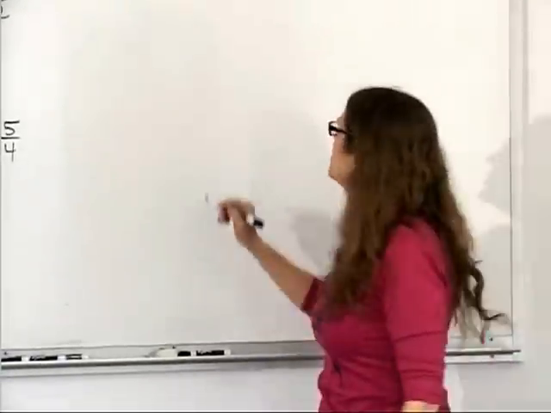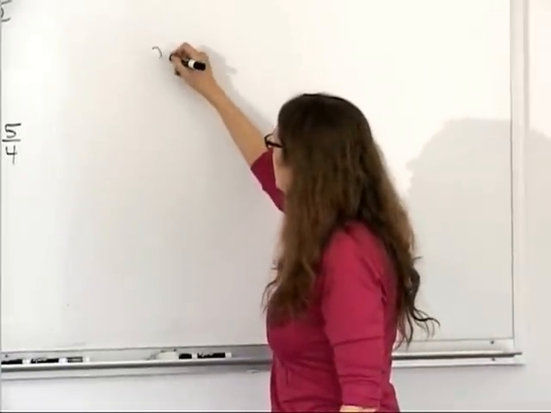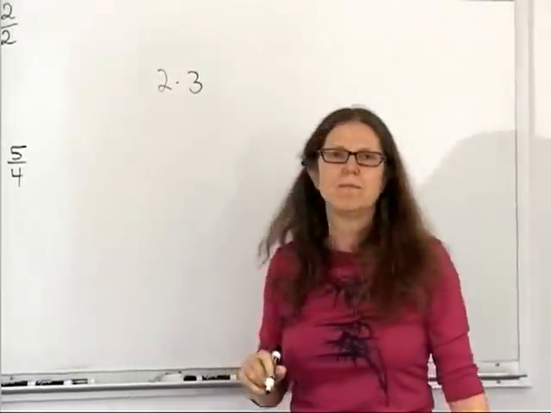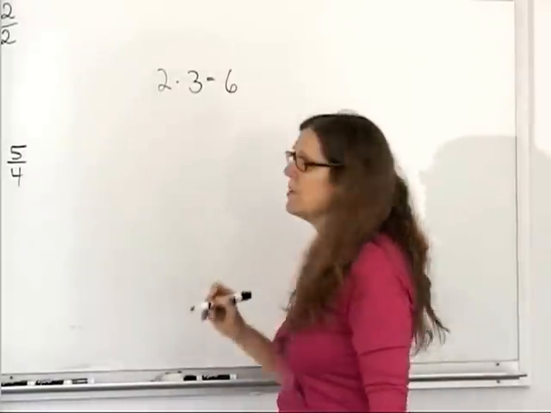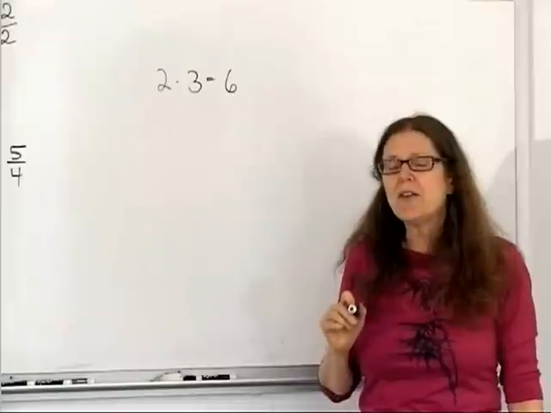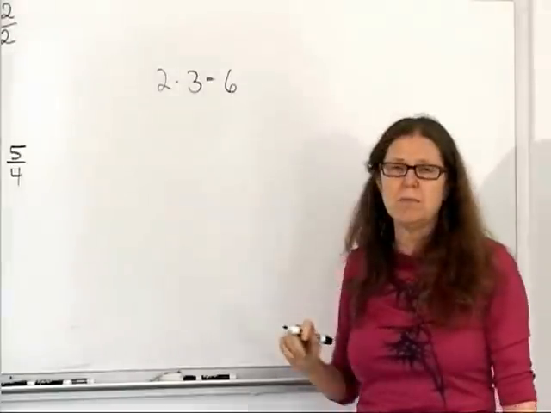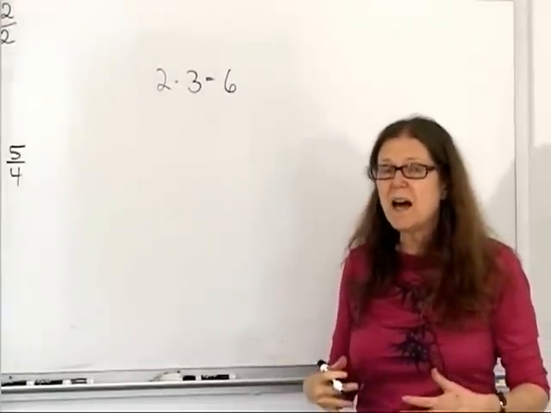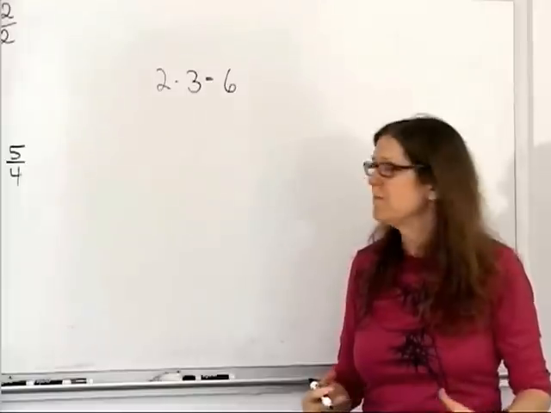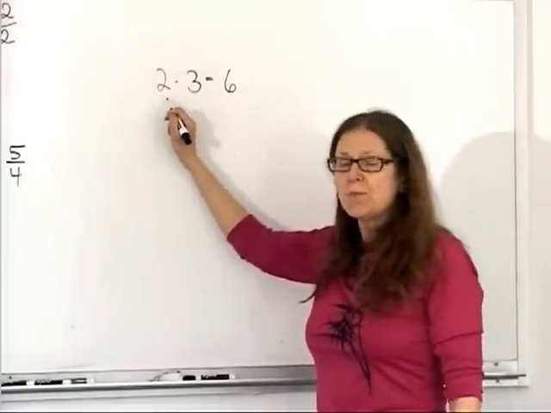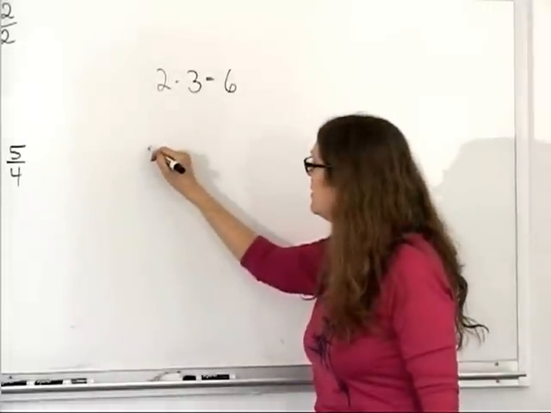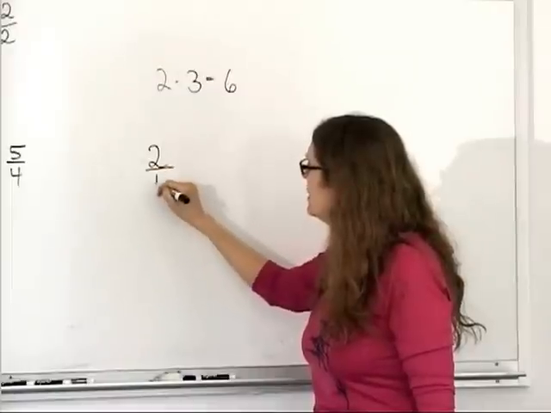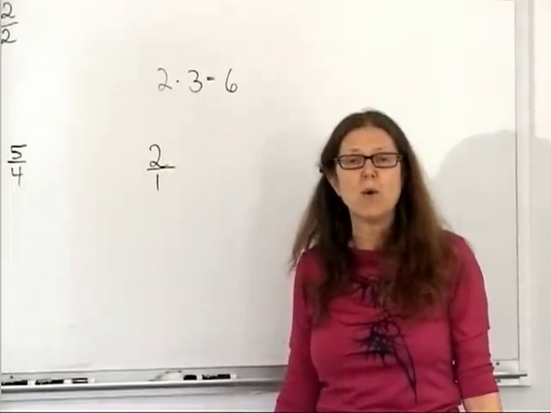So let's suppose that I wanted to multiply 2 times 3. Now you know the answer to that is 6. Now I'm going to show you another way of looking at this problem that will shed light on how we multiply with fractions. I could express 2 as a fraction, and the way I would do it is I would say 2 is the same thing as 2 divided by 1.